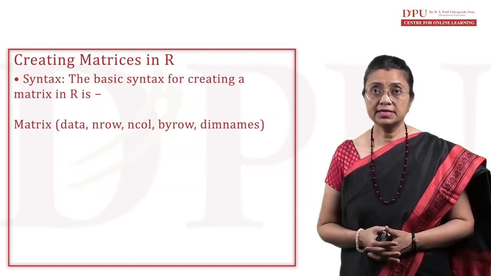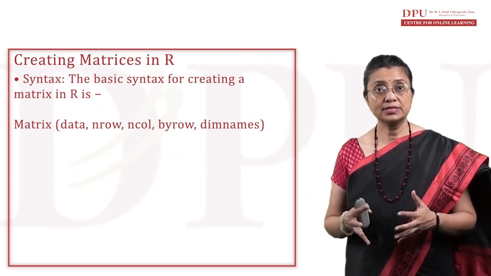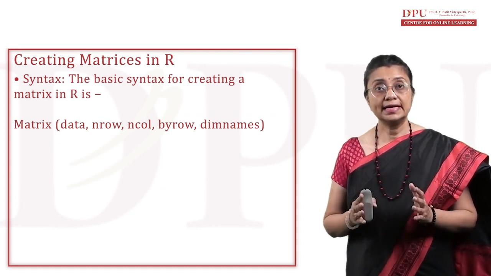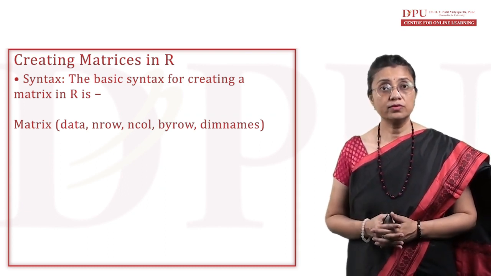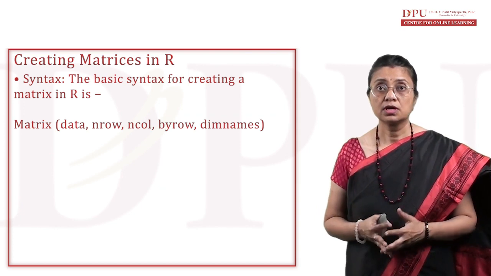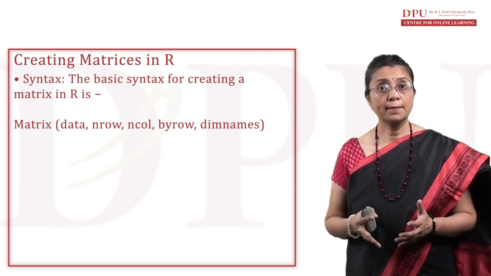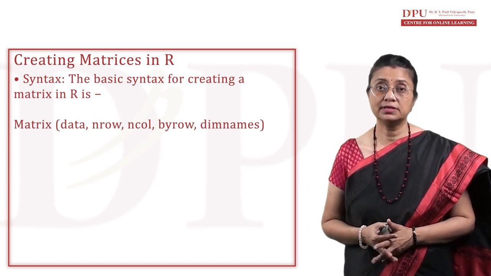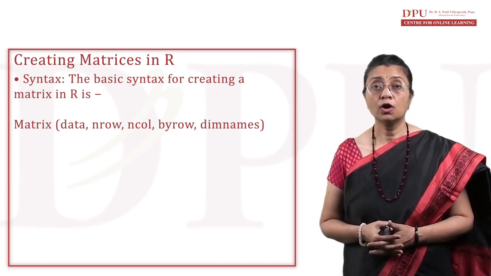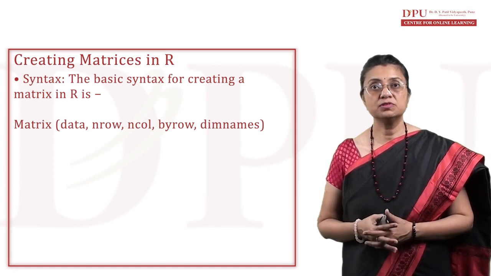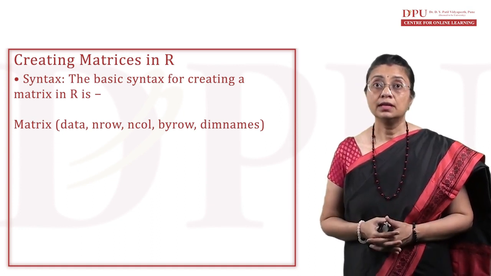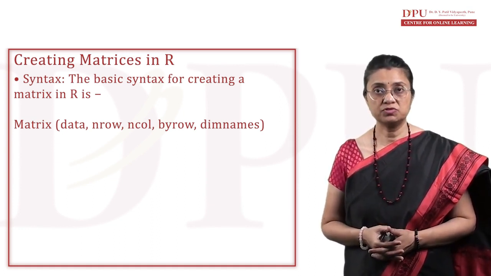The basic syntax for creating a matrix in R is matrix within brackets data, comma, nrow, which stands for number of rows, comma, ncol, which stands for number of columns, comma, byrow, which decides whether the data will be stored row by row or column by column, and dimnames, which gives the names of the dimensions.